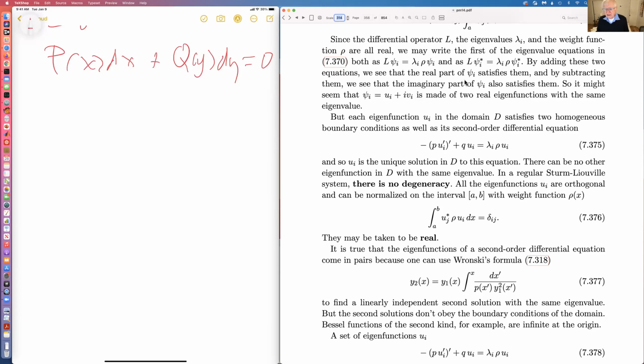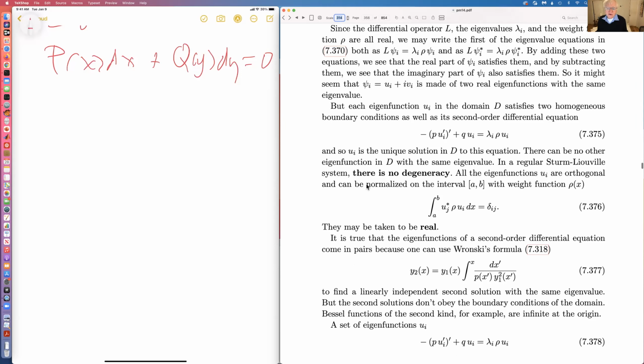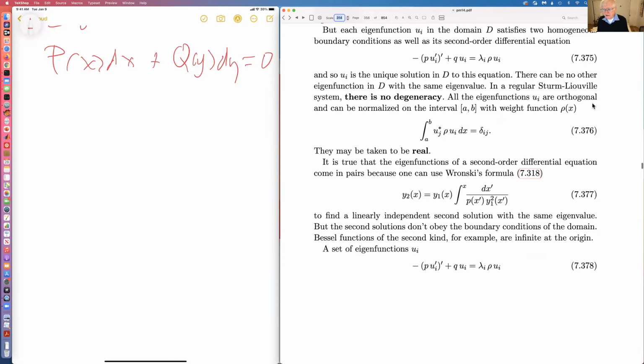On the other hand, the eigenfunctions satisfy boundary conditions, and the boundary conditions eliminate the extra function. And so what you have in a regular SL system is there's no degeneracy, and all the eigenfunctions are orthogonal and can be normalized on the interval with a weight function like this.